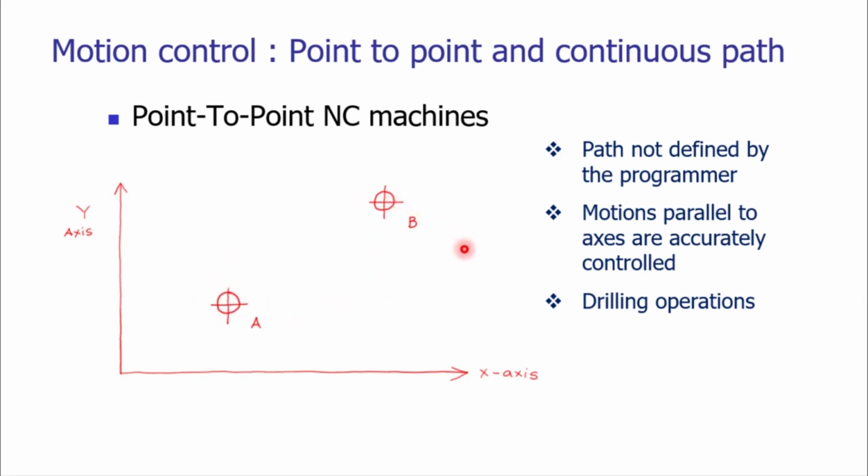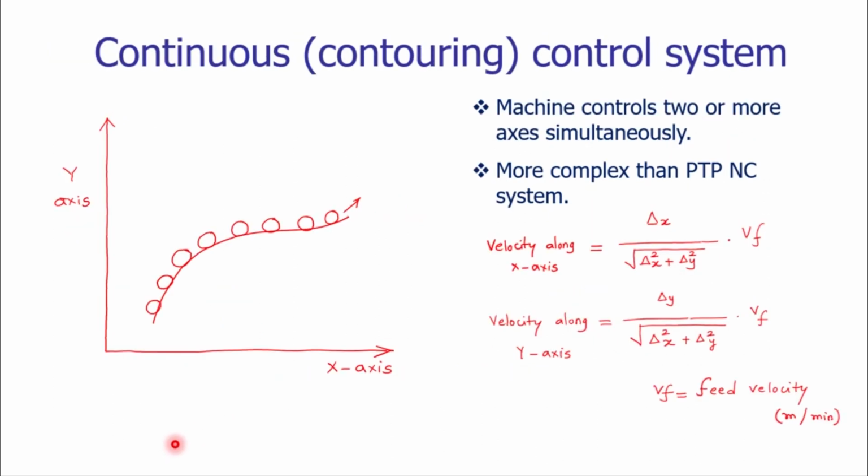So either it may be from A to B in this way, or it may be this way as well. In general, the point-to-point machine tools are very good when the motions are parallel to the axis, and they are popularly used for the drilling operations. In continuous or contouring control system, two or more axes are to be controlled simultaneously.